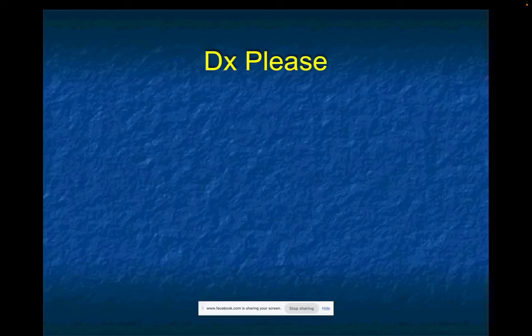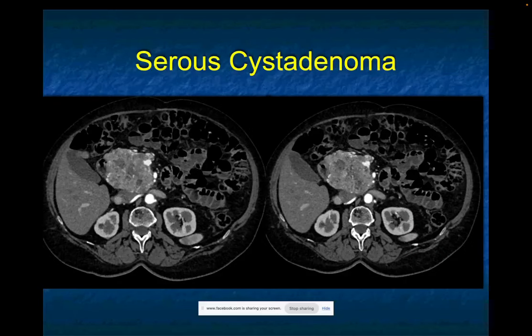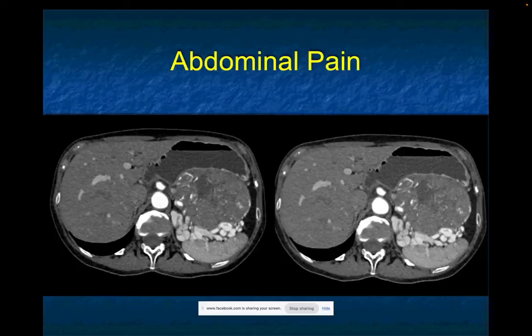There's prominent vascularity, and this was one of those solid serous cystadenomas. Again, with serous cystadenomas, we typically like to think about cystic lesions, but as we've said before, they often can have funny appearances and can be somewhat misleading. Often the cystic components are better seen on the venous phase.